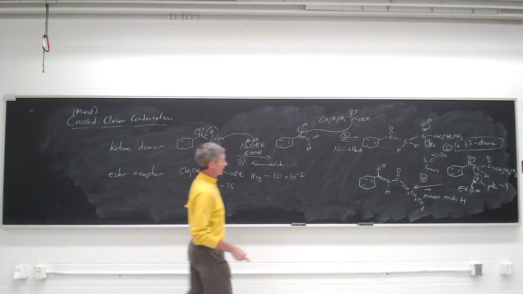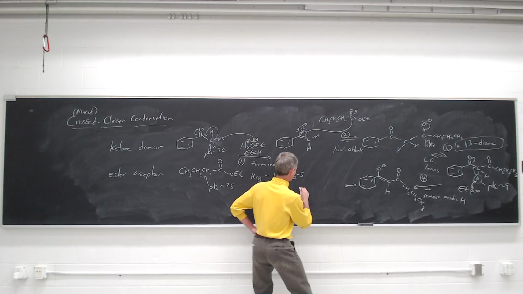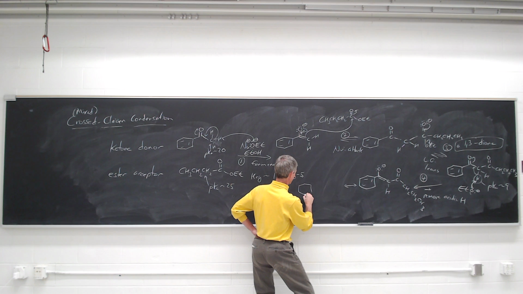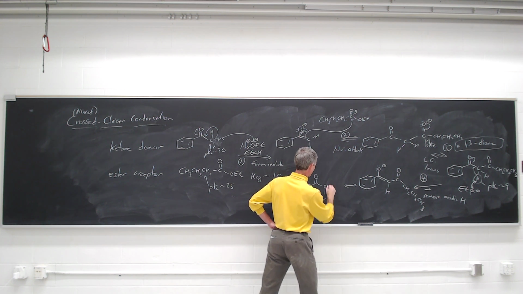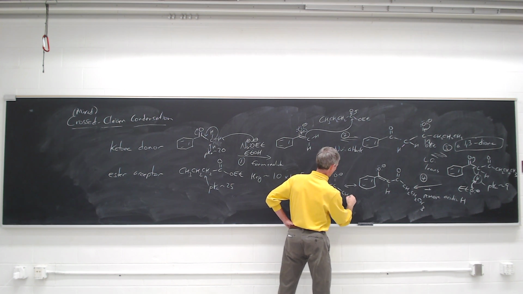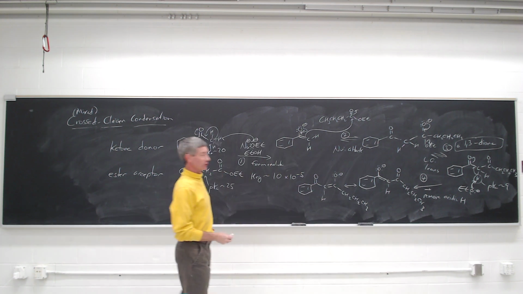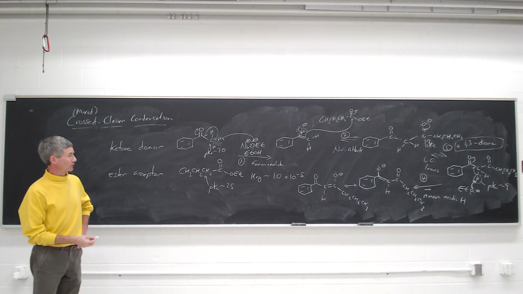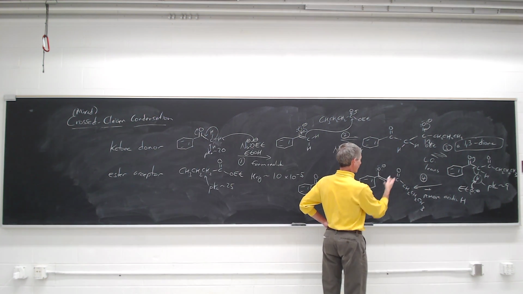So now we have a resonance stabilized enolate. In this case, there's no particular preference because they're both ketones. We expect to see a relatively equal contribution between the two different resonance structures with negative charges on oxygen.